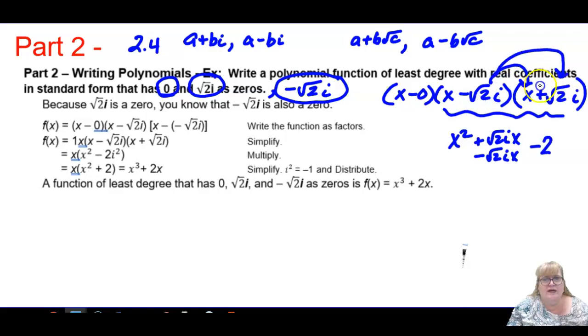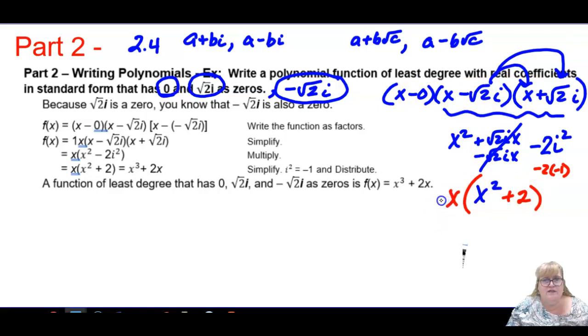And i times i would be i squared. So these two cancel each other out, and I ended up with an x squared. But minus 2i squared, remember, is really negative 2 times negative 1, which is plus 2. So there's these two factors foiled together. And then we had x minus 0, which is just an x.